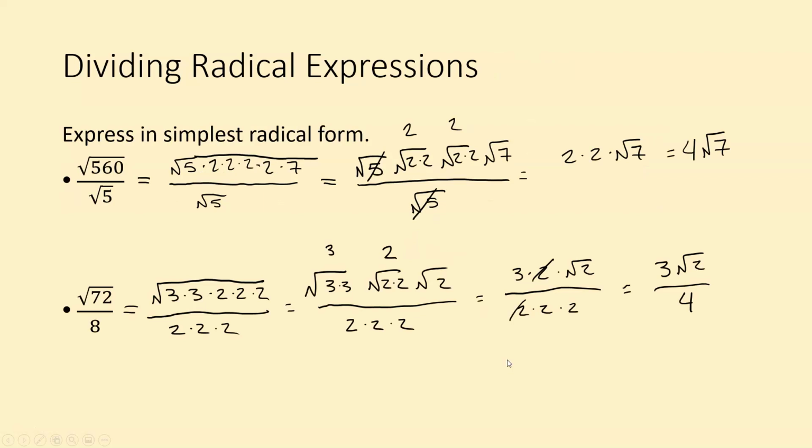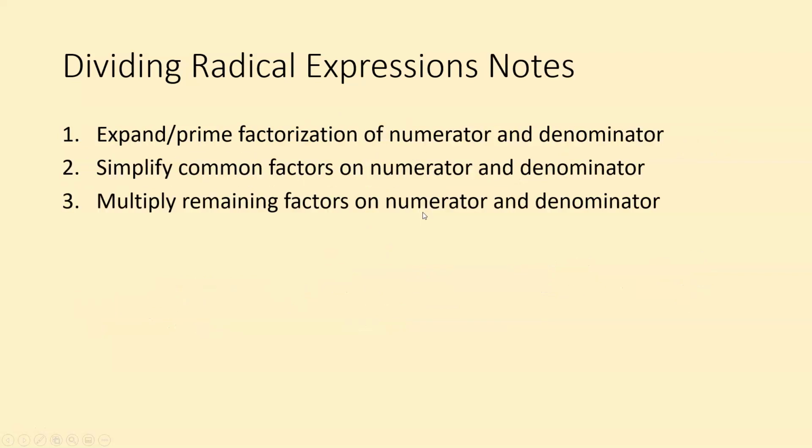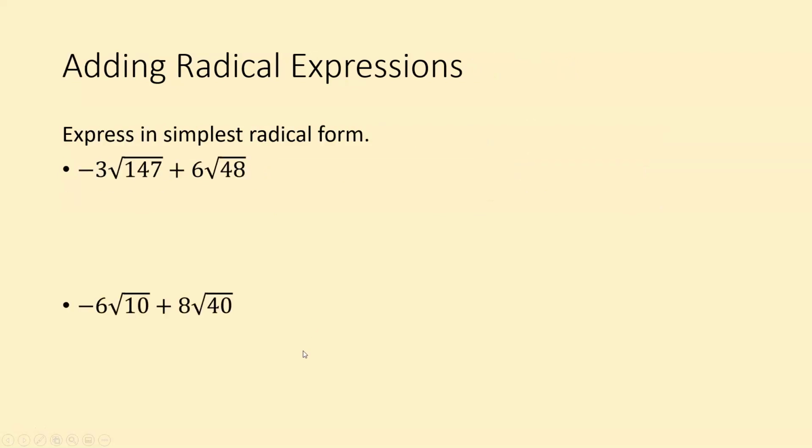For example, after we expanded here, we found that these 2's were common factors, or up here, after we expanded, we found that the root 5s were common factors, so we simplified those. Then you multiply the remaining factors on the numerator and the remaining factors on the denominator. Make sure you have those notes written down.